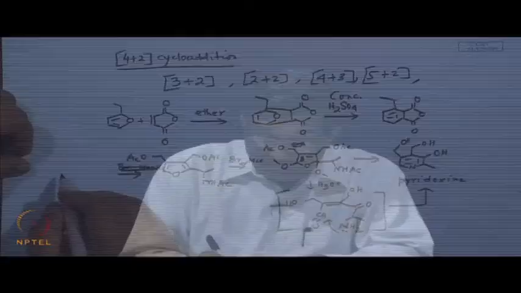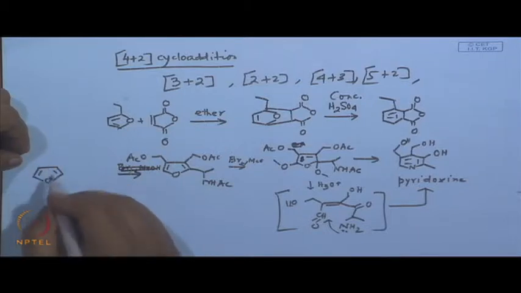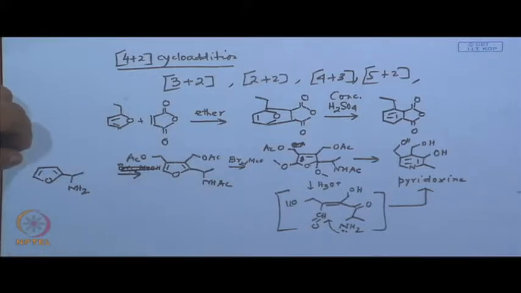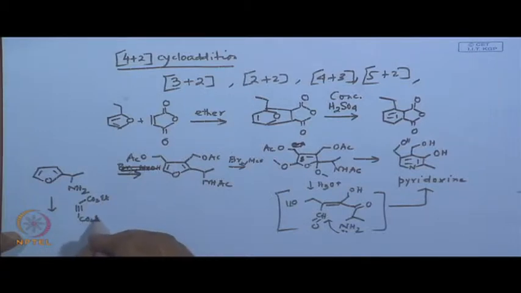That means, very similar to that, you take the furan, and this amine is well known, right, and you react this with what we sometimes call DEAD, diethyl acetylene dicarboxylate.